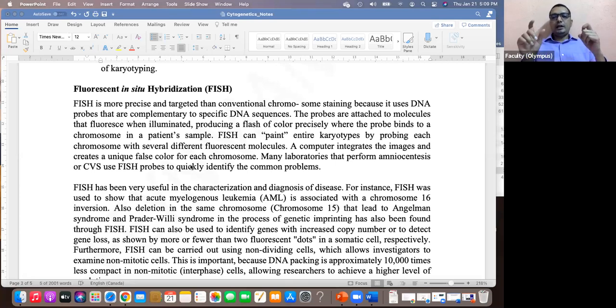You have to create a complementary sequence to the target region and add a fluorescent tag to that. So what happens, this region will bind to the chromosome and wherever it binds, it will glow. So specifically, you are using a sequence that is complementary to the region on the chromosome and which has a fluorescent dye added to it. So it glows. Like that, specific sequences on the chromosomes can be identified.